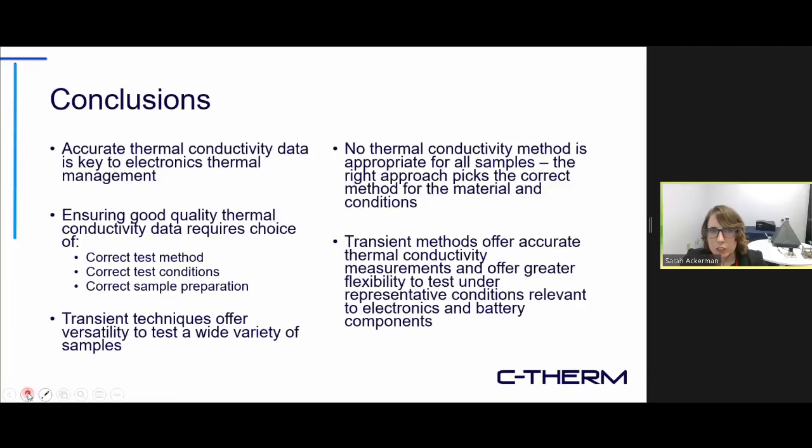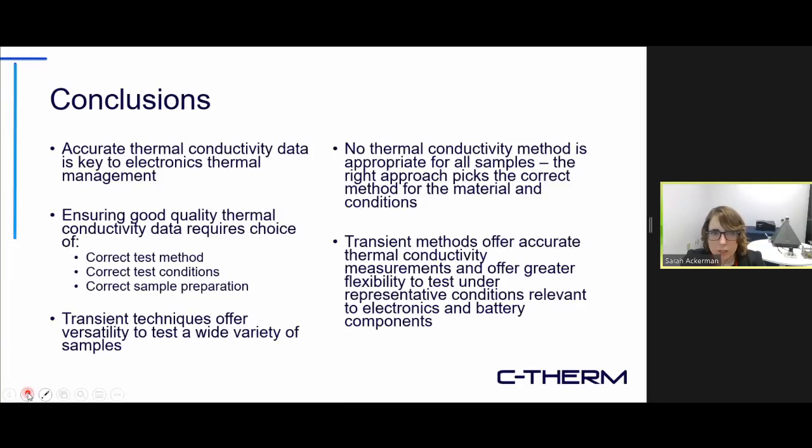And ensuring good quality thermal conductivity data really requires choice of the correct test method for the material and the conditions, the correct test conditions to properly reflect the real-world application conditions of the material, and the correct sample preparation. So if your test method, for example, requires samples to be very flat and your sample is bowed and you run a test on it, you're probably not going to have good quality data being collected.